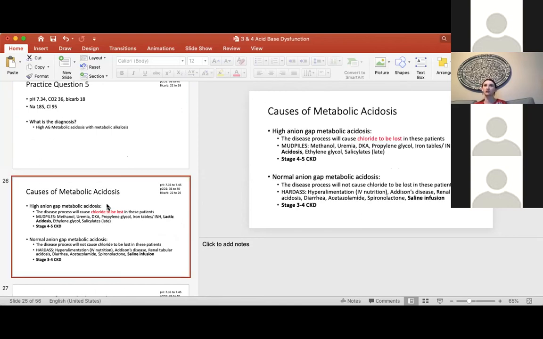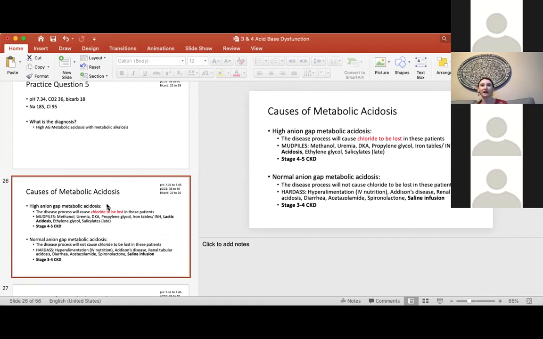Okay. So, causes of metabolic acidosis. The easiest way I remembered is MUDPILES. And remember that in HAGMA, we have chloride being lost, because I'm pretty sure he might ask that.